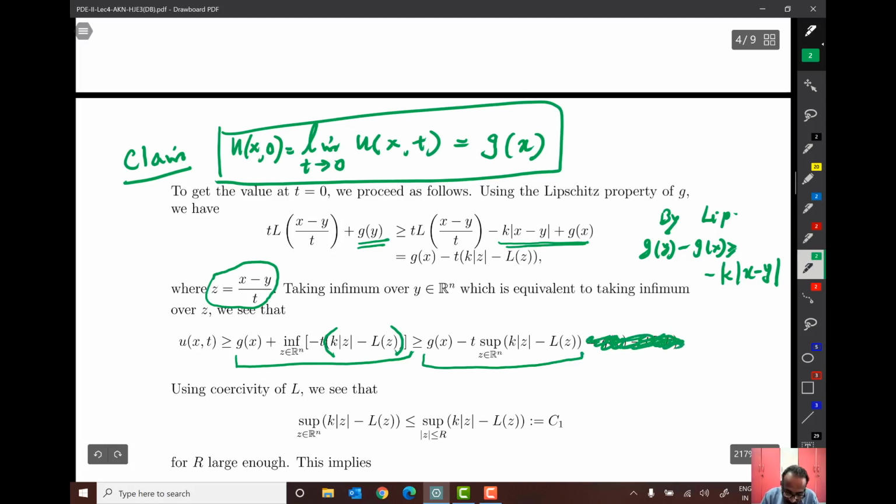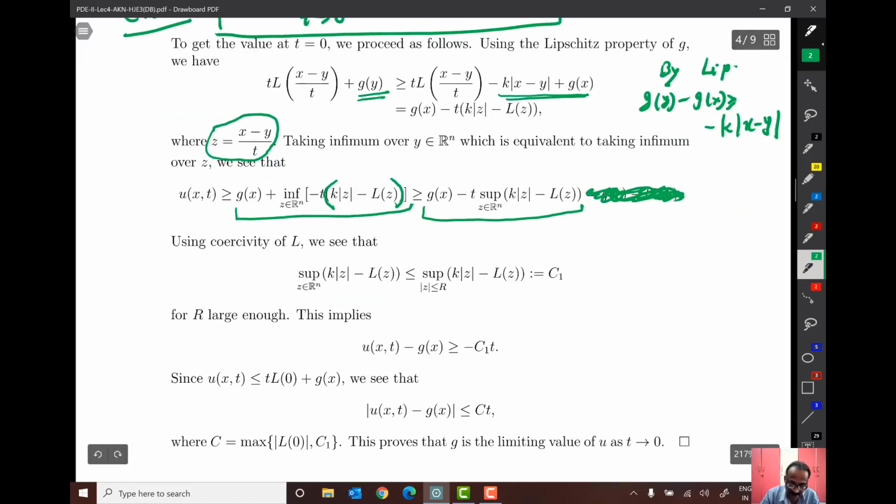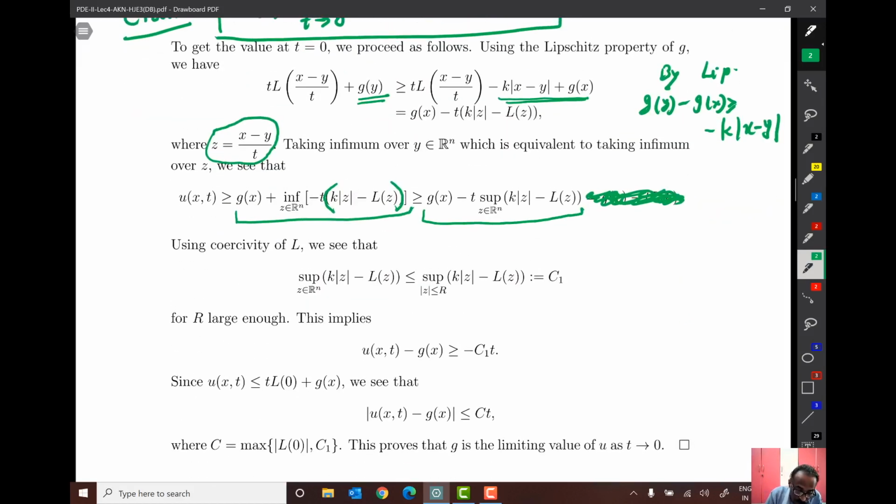Now here is some more trick which you want to understand. You have to understand the coercivity of L. What does the coercivity of L tell you? So this is linear, and this will be quadratic.